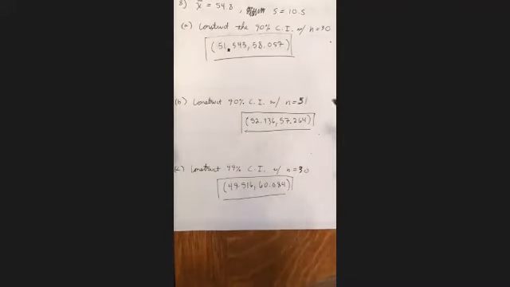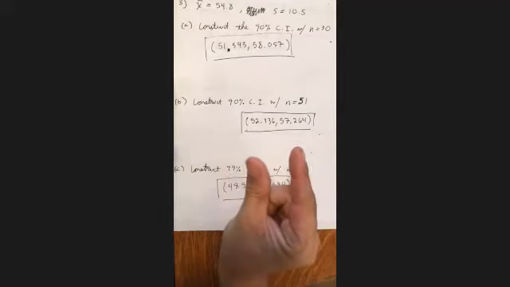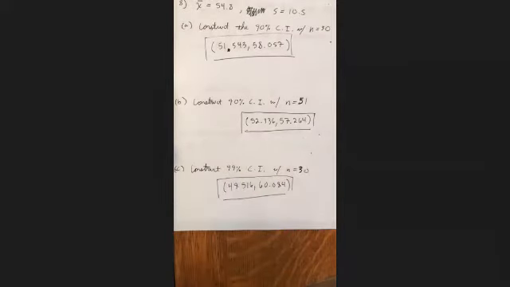Right. So a larger sample size will give us a better approximation of the population, and therefore the confidence interval will be smaller, more precise. A smaller confidence interval means there's less error, right?